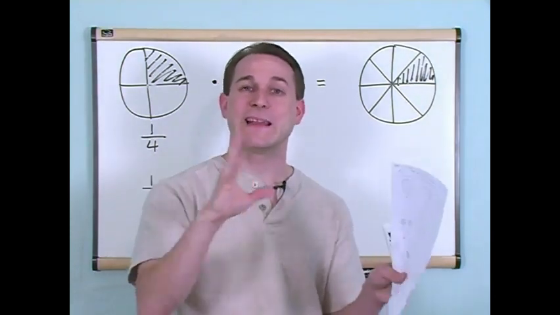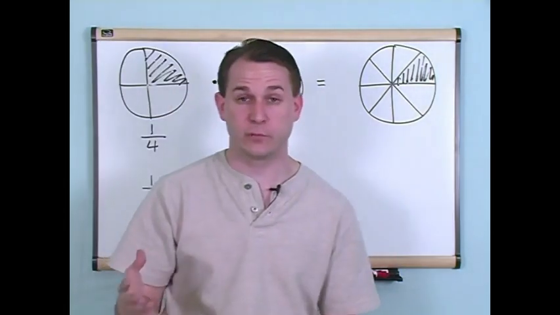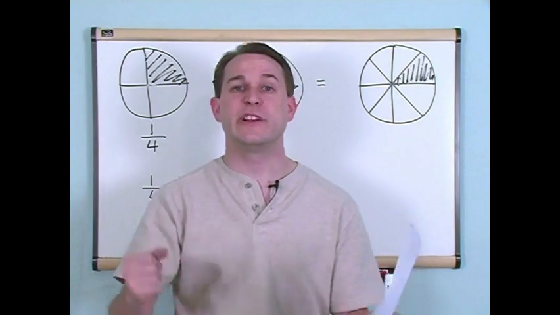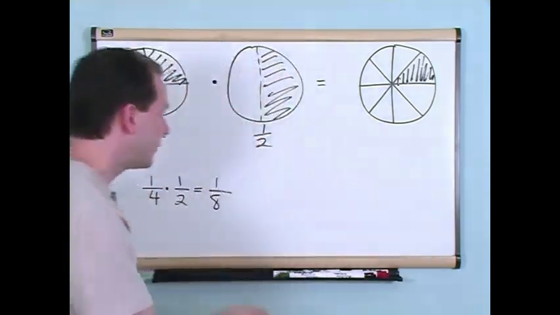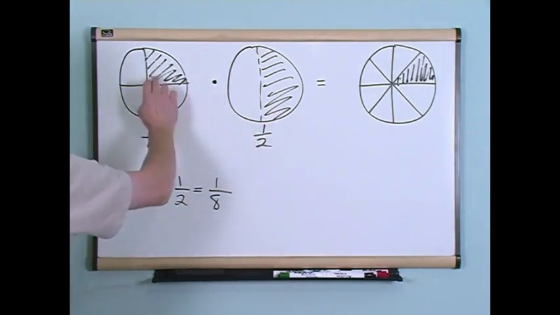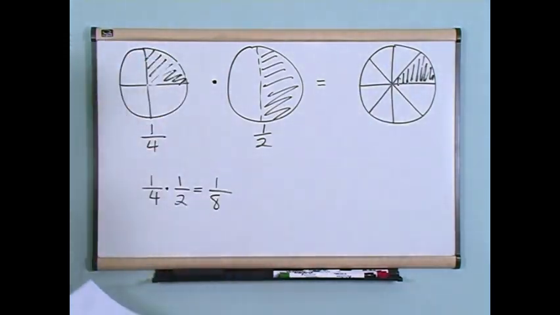When you multiply by something less than 1, which is what a fraction is, you're not making it bigger anymore, you're chopping it down like a hatchet. So I'm multiplying by 1/2, chopping this down, whacking it in half, and that is what I get over here in the end.